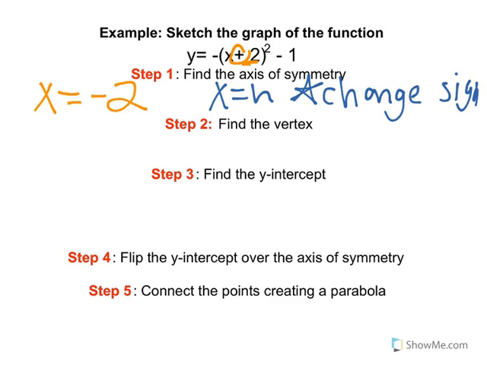Now we're going to find the vertex. We find the vertex by plugging x equals negative 2 in for anywhere that we see x in our function. Our function was y equals negative, parentheses, x plus 2, close parentheses squared, minus 1. So negative 2 is going in for x.